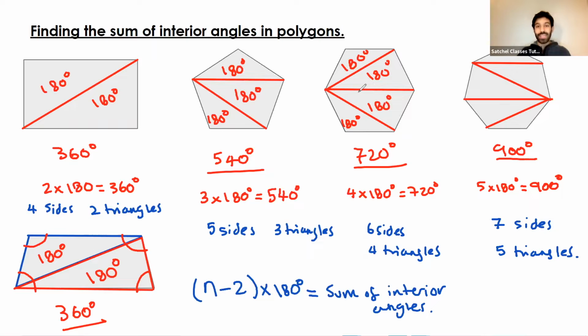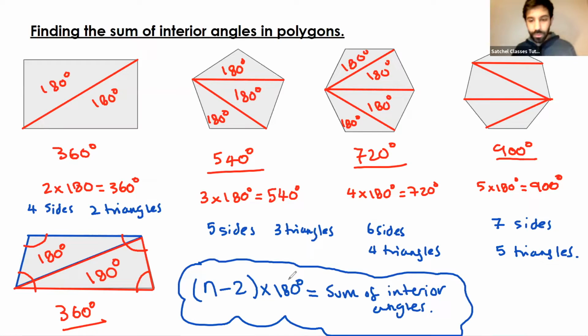However, if you had a shape such as a hexagon or a heptagon or even an octagon, you should be able to break the shape up into a number of triangles, or even triangles and quadrilaterals. It doesn't matter, whichever way you're comfortable with. But it is useful to understand and remember this formula so that you can apply it to shapes that have lots and lots of sides.